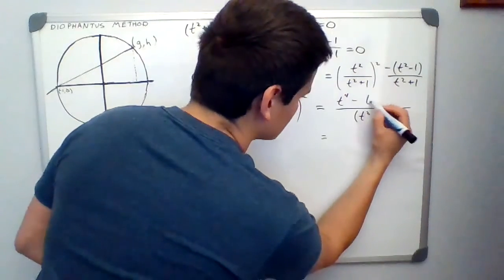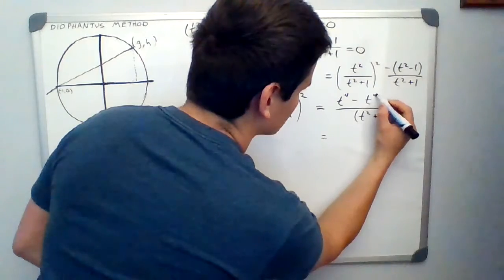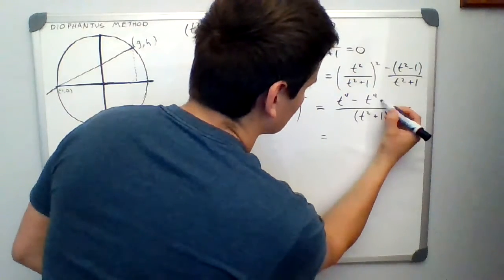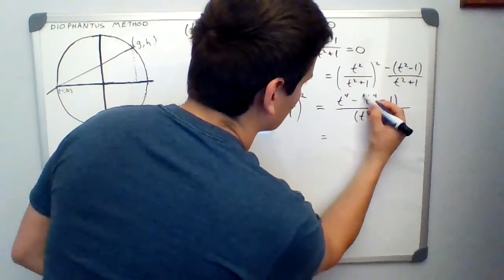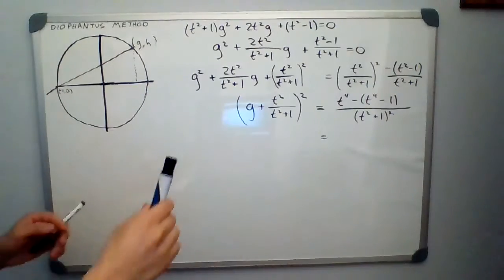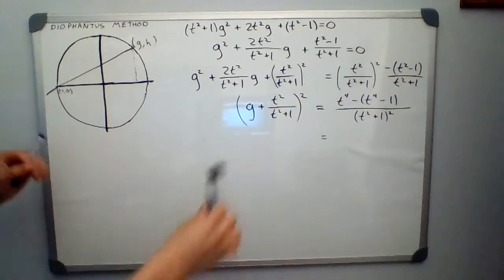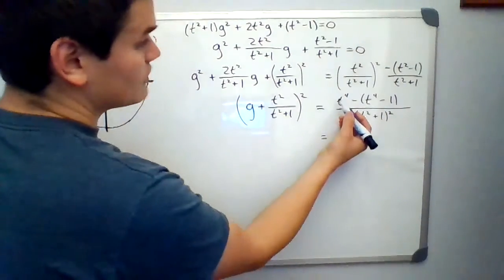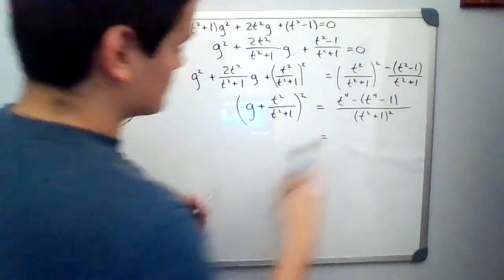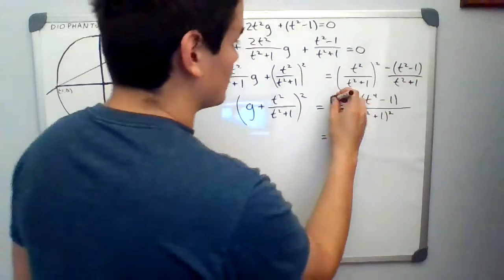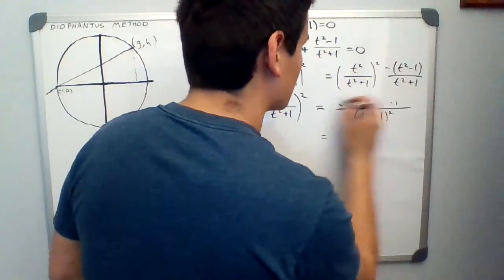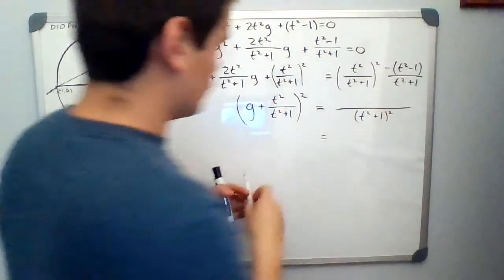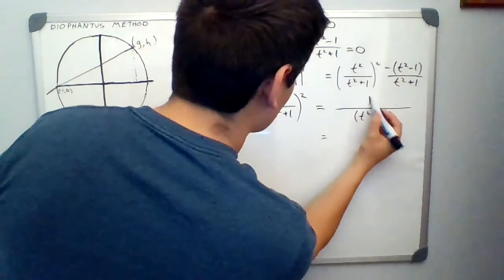So it's t to the 4th minus 1. Okay, t squared plus 1 and t squared minus 1 factor together to be t to the 4th minus 1. So t to the 4th minus t to the 4th plus 1. So that's just going to be 1.